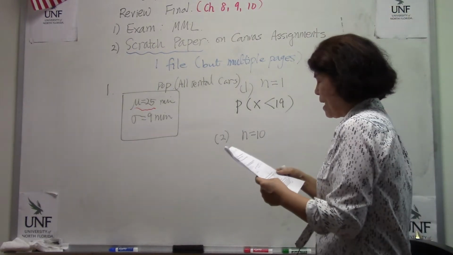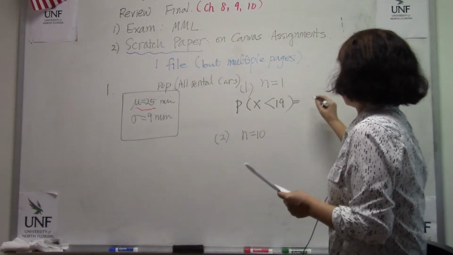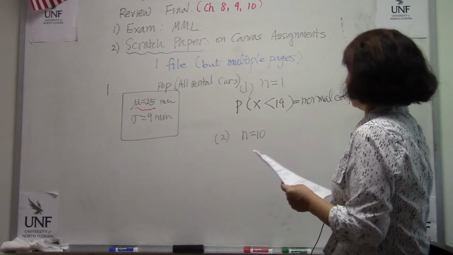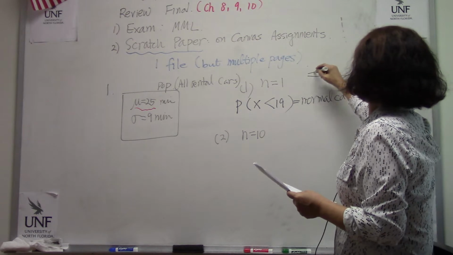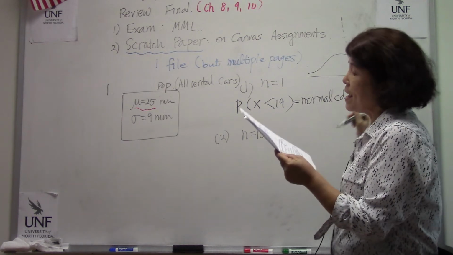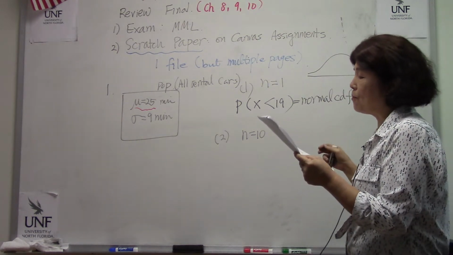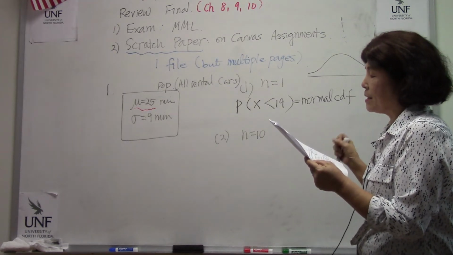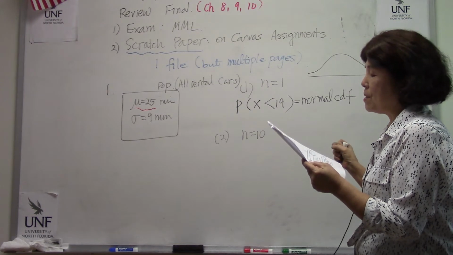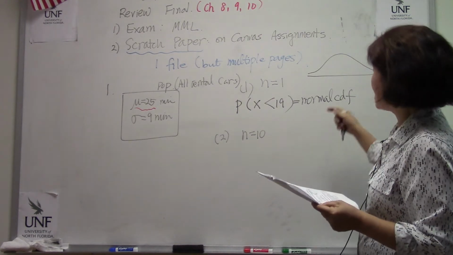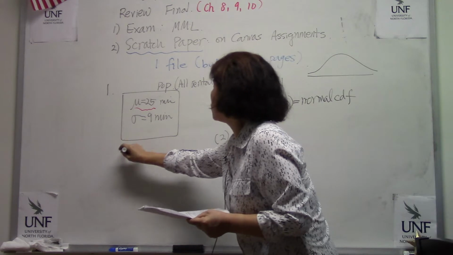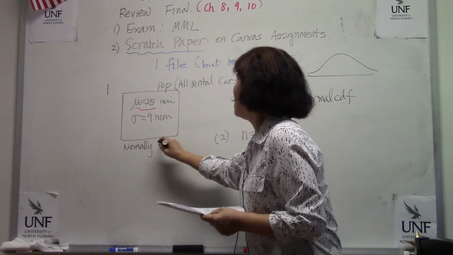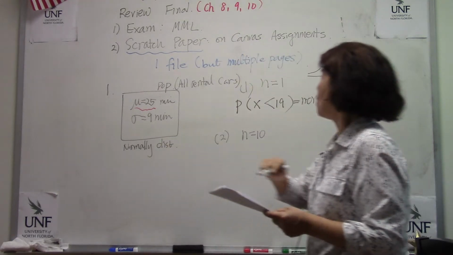You can do this with the calculator, normal CDF. If you graph it, they already said in the problem that the data is normally distributed with the given mean and standard deviation, so we don't have any problem to discuss or verify.